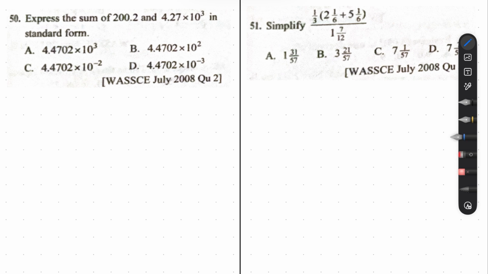It is to the power 3, so that means we need to move the decimal point 3 places forward, 3 places forward, right?